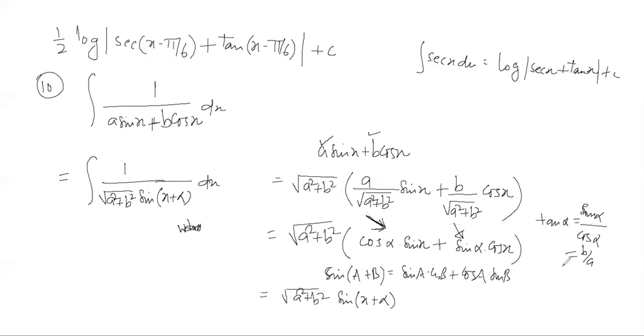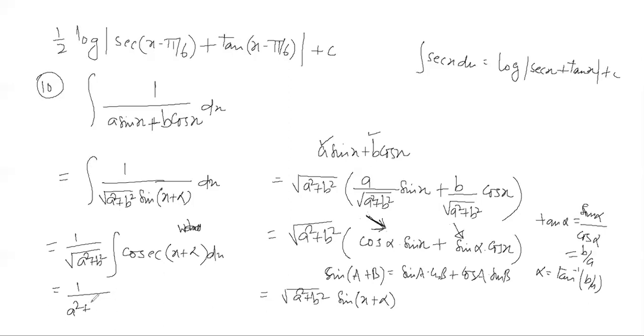Basically, the value of alpha would be tan inverse b upon a. Now the next step: taking the constant out of the integration, and sin x is the reciprocal of cosec, so I can write cosec(x plus alpha), times 1 upon root of a square plus b square.